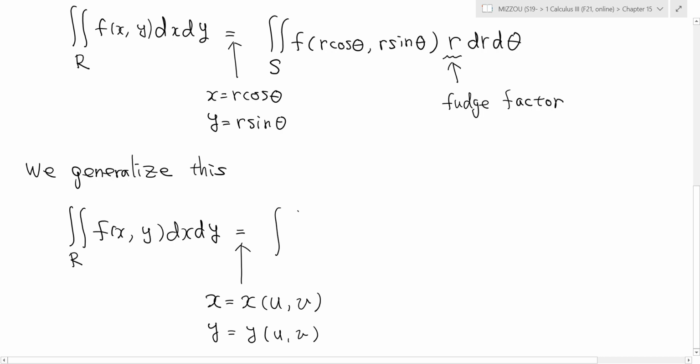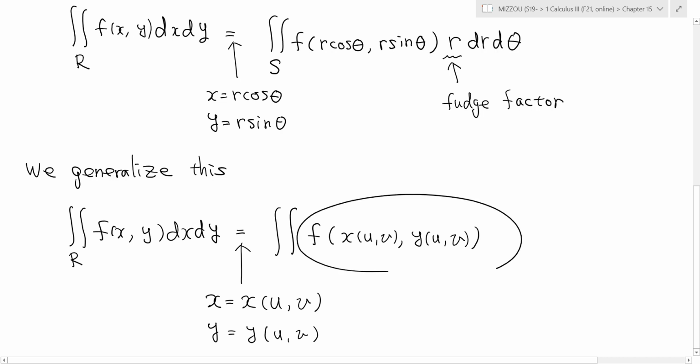And then this becomes f of x, but x is a function of u and v, and y is a function of u and v.